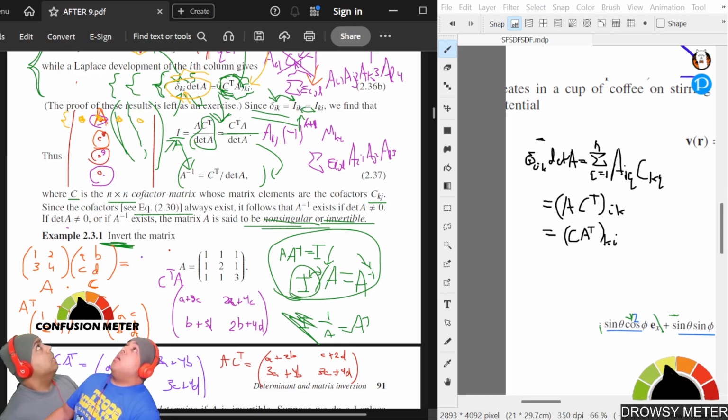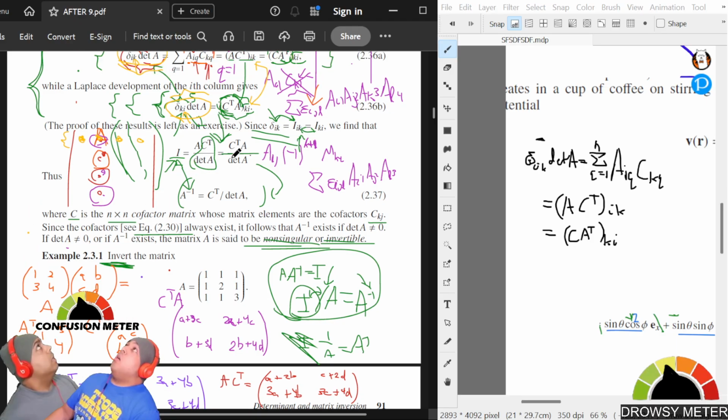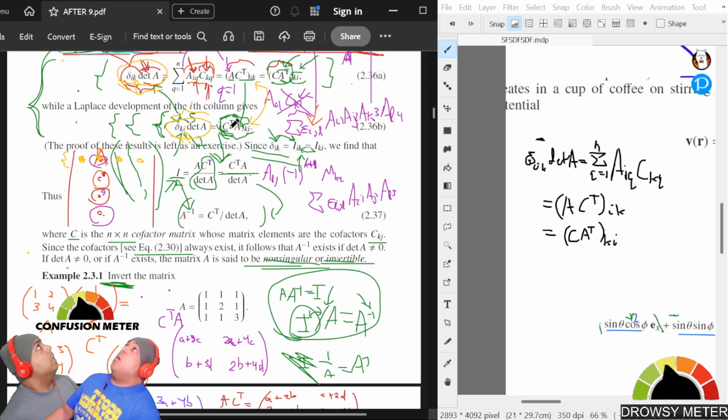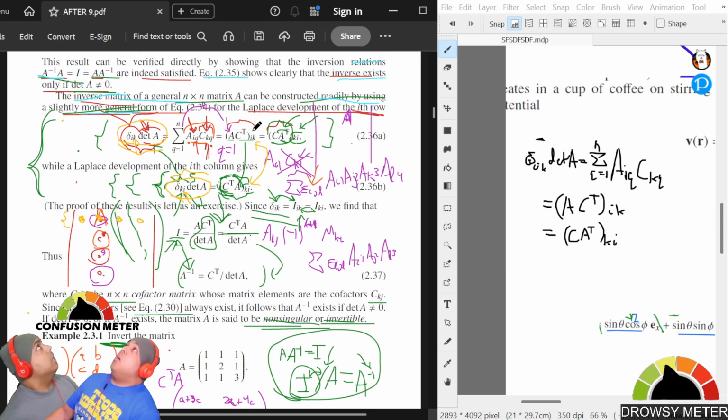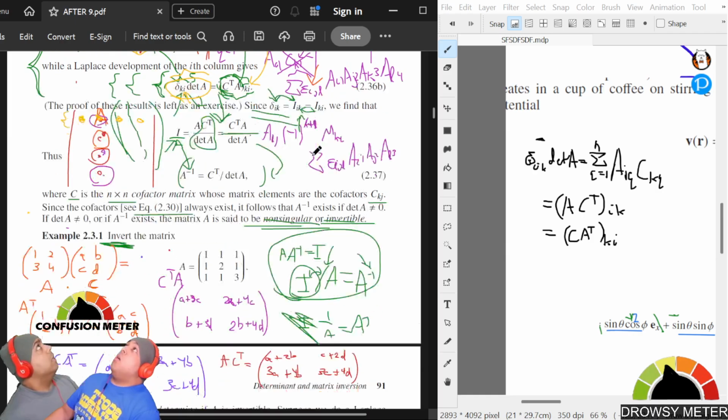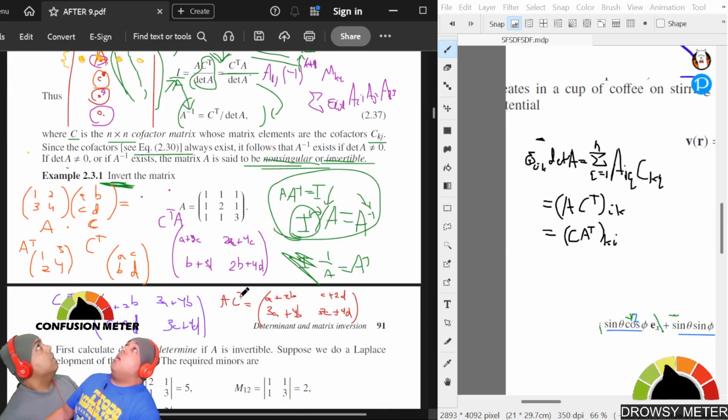Yeah, let's see what we can do with this now. The ik element of ACT should be the ki element of CAT. ACT, CAT. A plus 2B, 3C plus 4D; C plus 2D, 3A plus 4B.